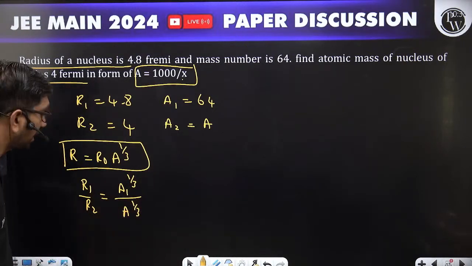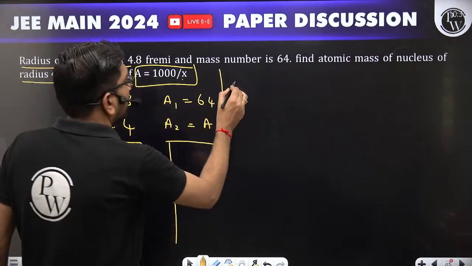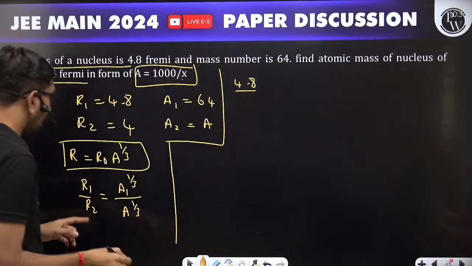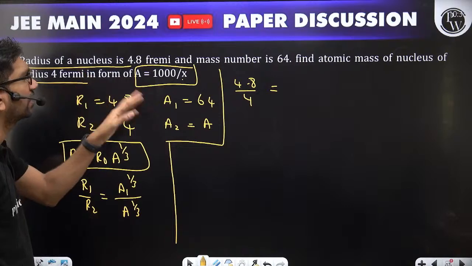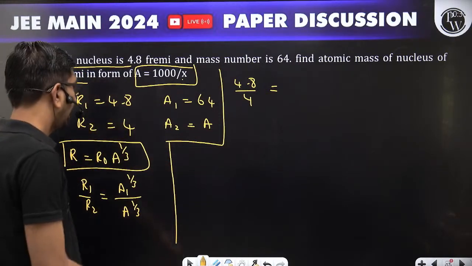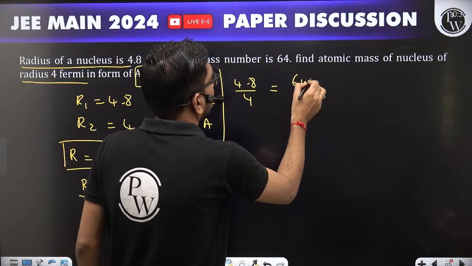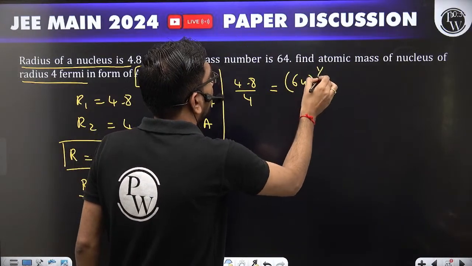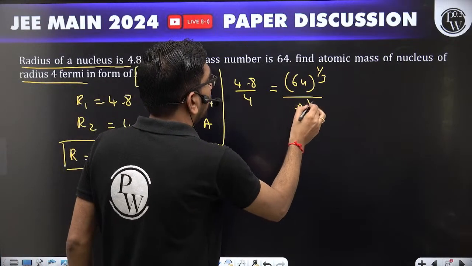R1 is 4.8 by R2 value 4. We are doing the ratio now, so no need of converting into Fermi. A1 is given as 64, so 64 whole power 1 by 3, and here A power 1 by 3.